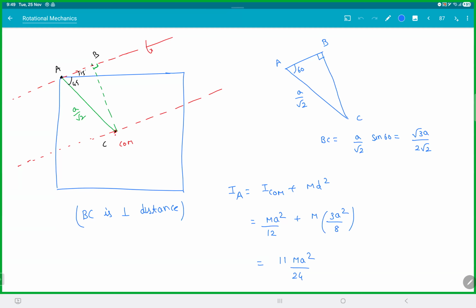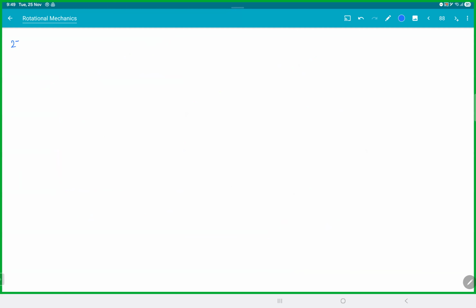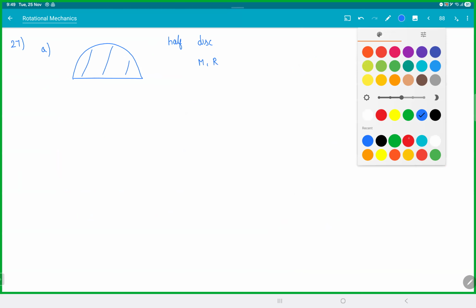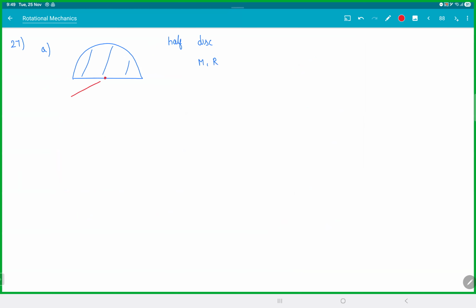Any doubts on this? Let's say we have a disk, mass m, radius r. We have an axis passing through the center and in the plane.